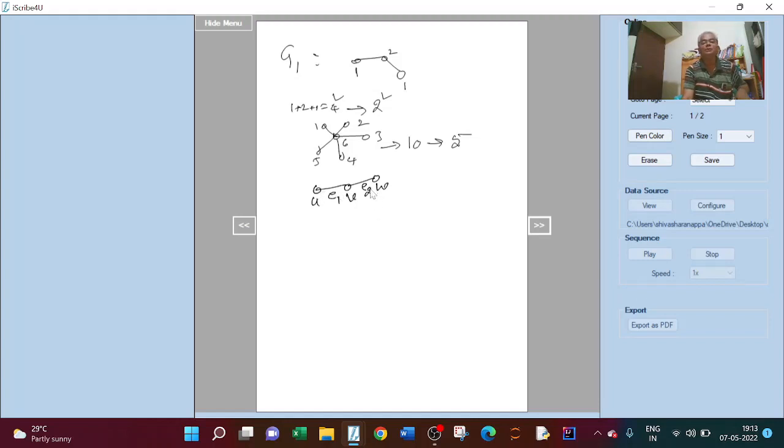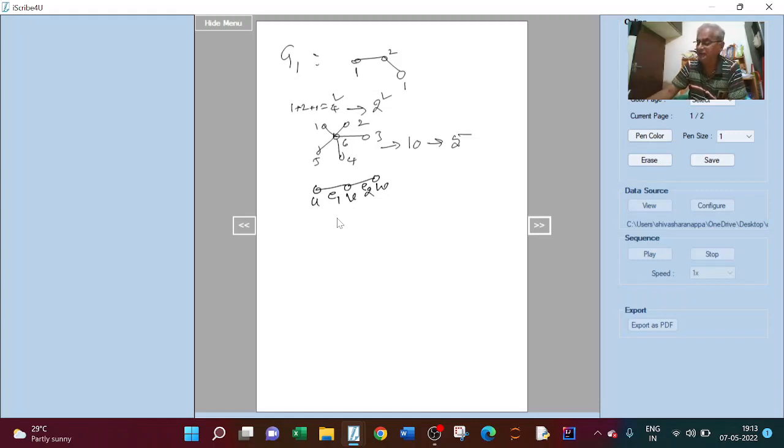And E2 contributes 1 degree to V and 1 degree to W. So that means one edge contributes 2 to the sum of the degrees. 2 edges contribute 2 plus 2, 4 to the sum of the degrees. And if I have 3 edges, then it contributes 6 to the sum of the degrees. So therefore, if say q edges are there, then it contributes twice q, that is 2 into q, to the sum of the degrees.